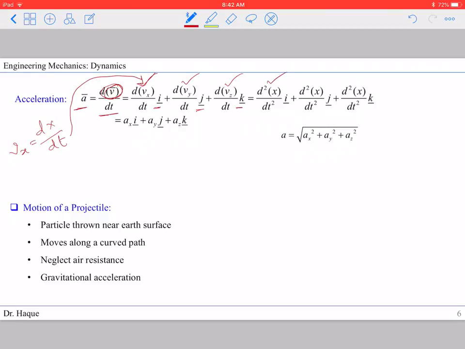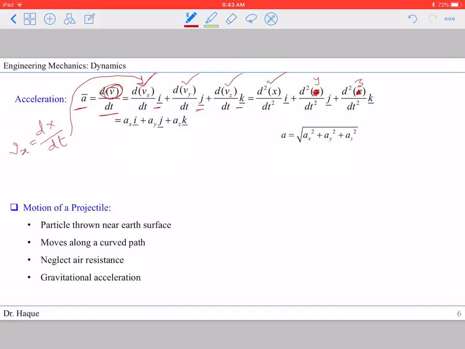we get a second derivative of position x, and this one would be y, and this one would be j. So the second derivative with respect to y and j, z.